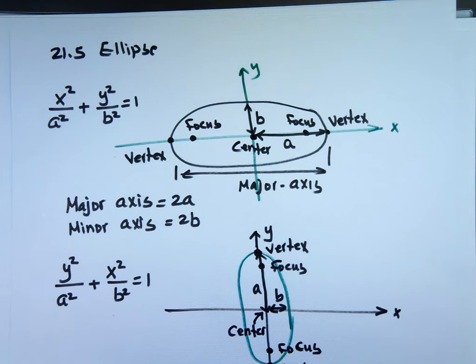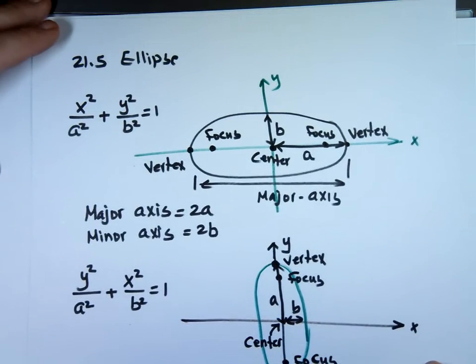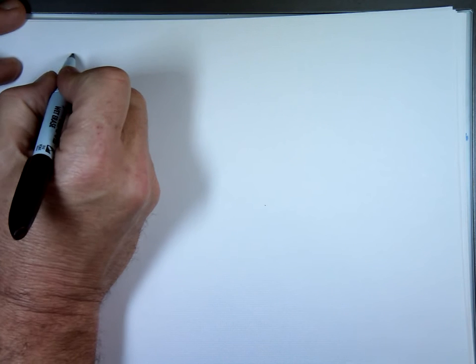Now, let's take an equation, go through it, and see what we have. I want to graph this ellipse. Are we good? So let's say we give you this one.